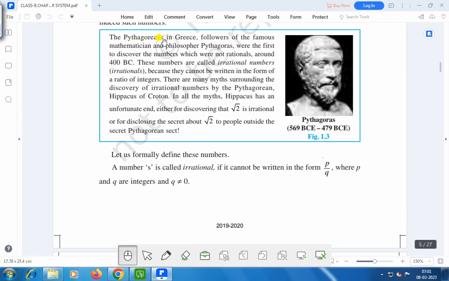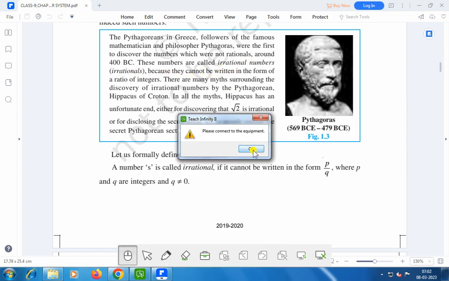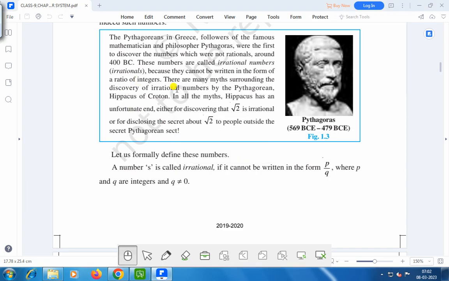The Pythagoreans in Greece, followers of the famous mathematician and philosopher Pythagoras, were the first to discover the numbers which were not rationals around 400 BC. These numbers are called irrational numbers or irrationals because they cannot be written in the form of a ratio of integers.